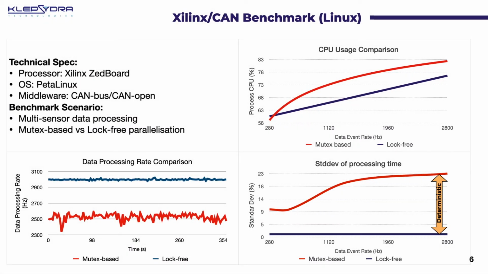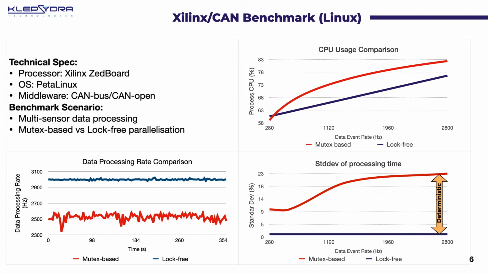In the first case, this is a Xilinx board with a CAN bus for receiving data from the sensors, running Linux. We did this last year in collaboration with Logspace. As you can see in the bottom left chart, the Klepsydra lock-free techniques not only increase the performance by up to 20%, but also the reduced choppiness shows that the determinism is much higher.